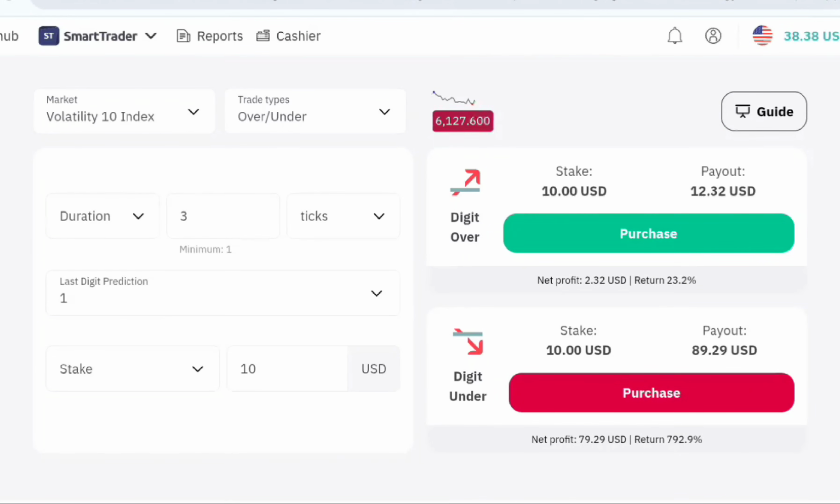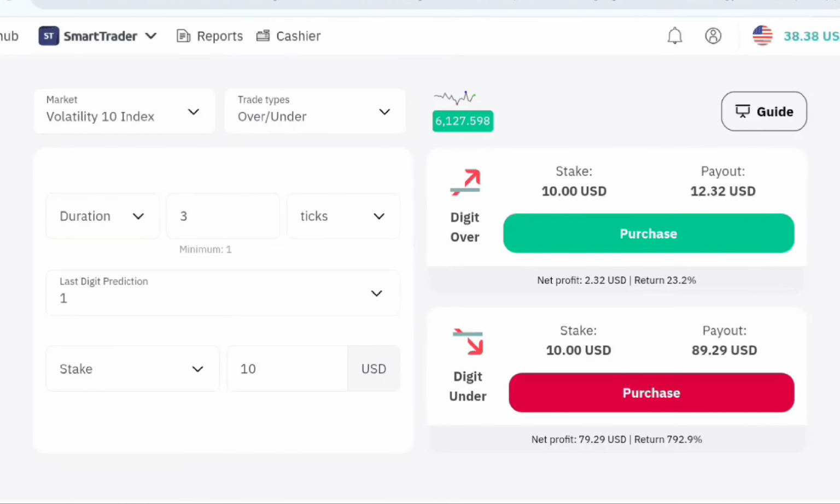Why is this profit very low? Because I have more probability of making this trade a winning trade than losing it. And then you are also going to see that if I say the next number that comes after these 3 ticks is going to be less than 1, which means I only have one chance, I only have 0.